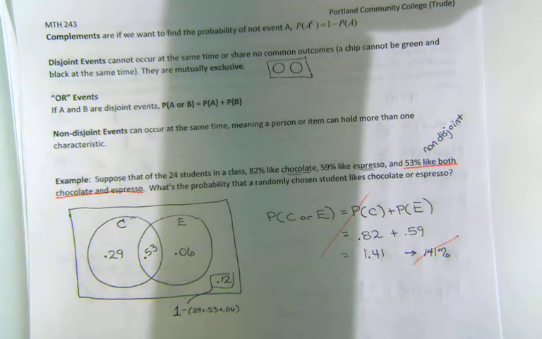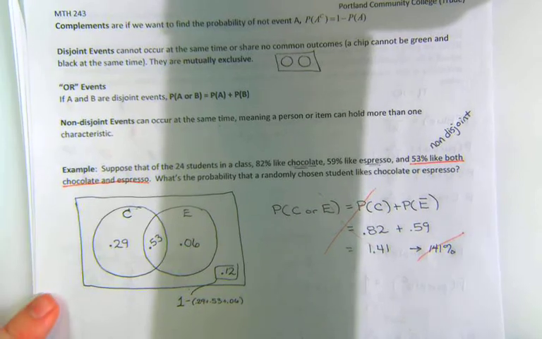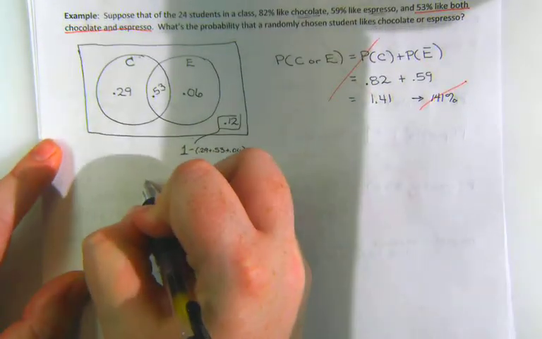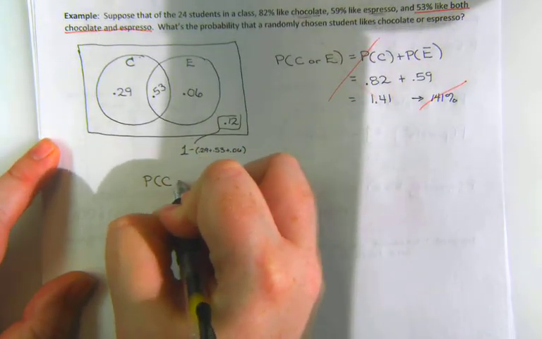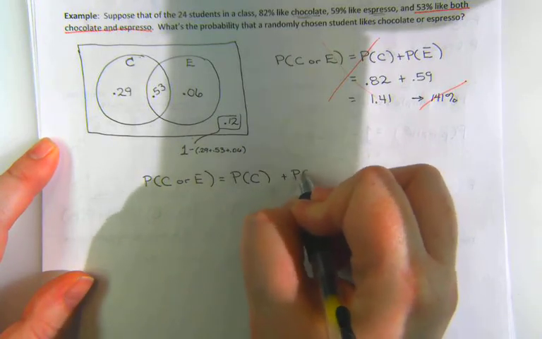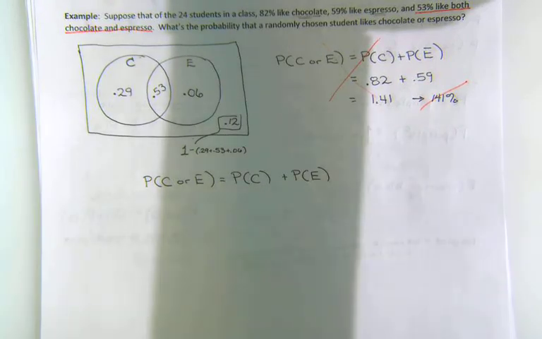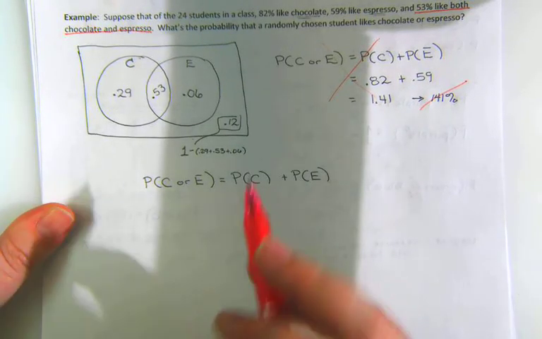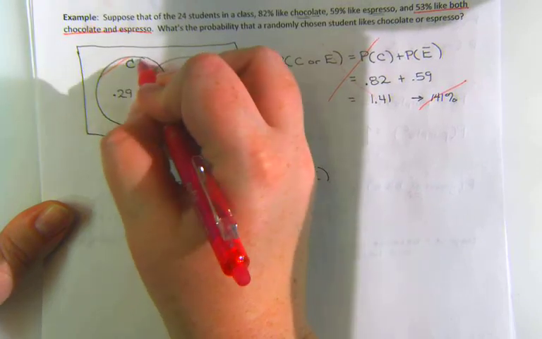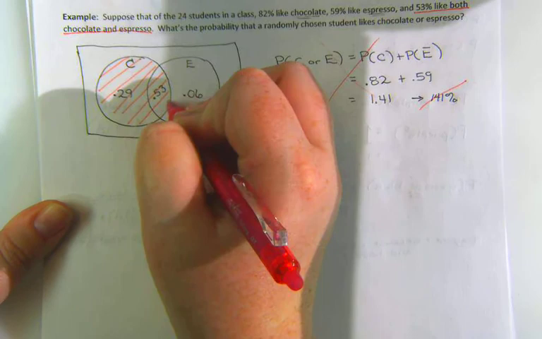This is the way that we don't want to do it. So we'd be taking that 82% that like chocolate plus that 59% that like espresso. If we do that, what we end up with is something that's too big. We end up with a 1.41, which is translating to 141% of the class likes chocolate or espresso, and that can't happen. So this doesn't work.